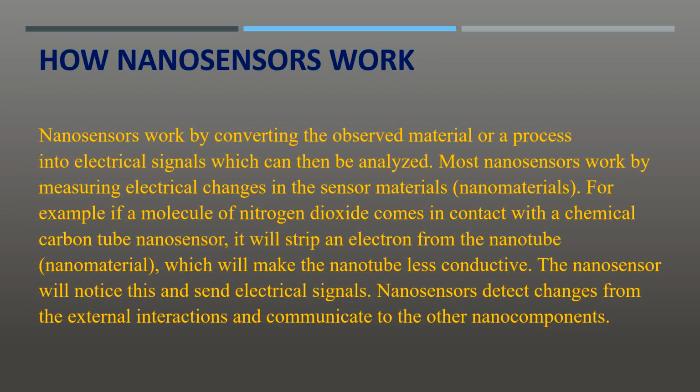For example, if a molecule of nitrogen dioxide comes in contact with a carbon nanotube sensor, it will strip an electron from the nanotube, which will make the nanotube less conductive. The nanosensor will notice this and send electrical signals. Nanosensors detect the changes from the external interaction and communicate to other nanocomponents.